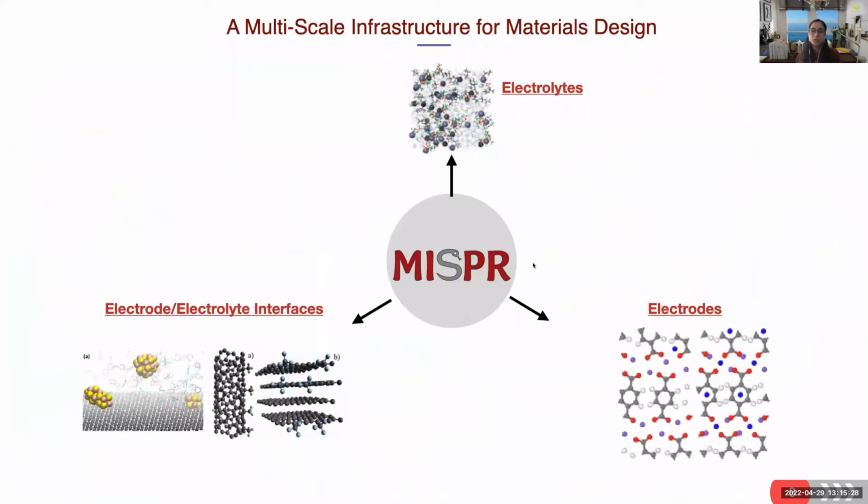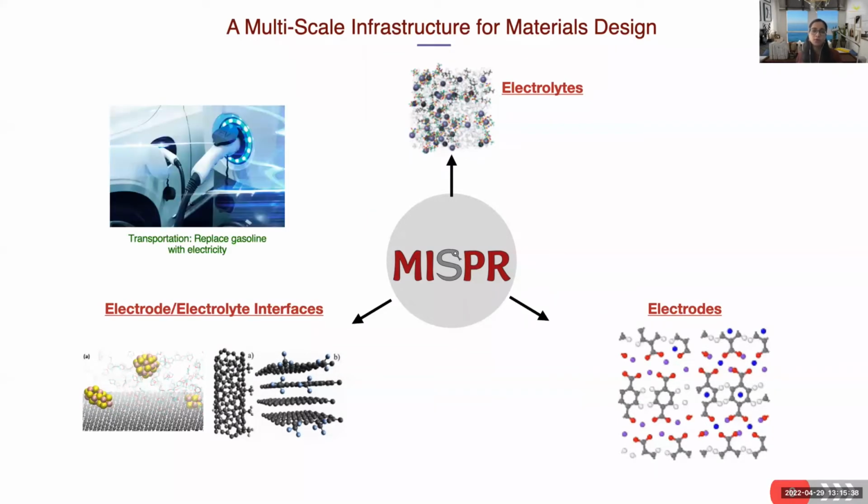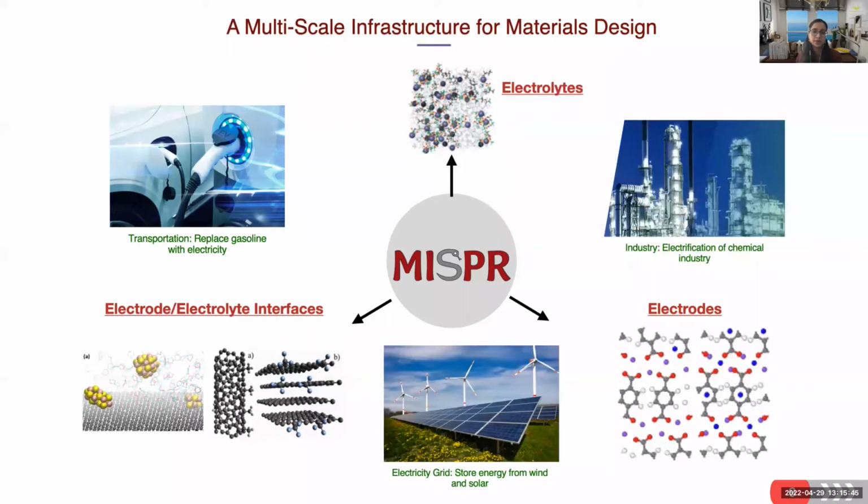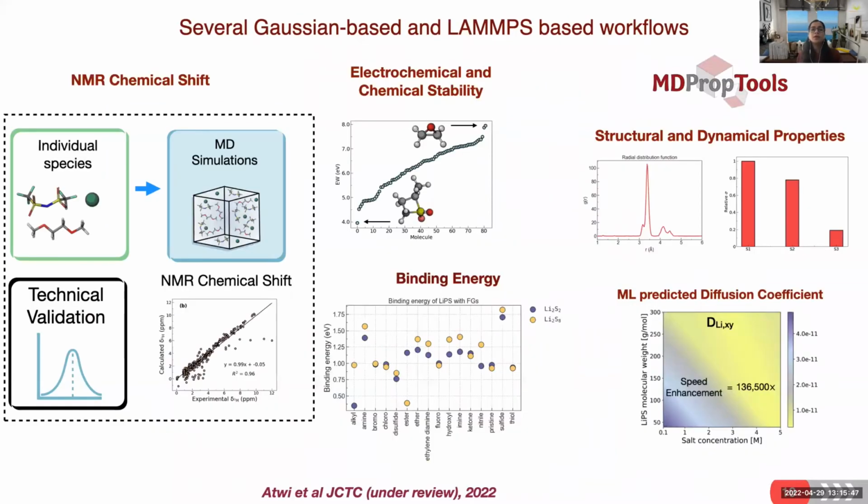So the centralized infrastructure MISPR is then being used to study properties of liquid solutions, solid-liquid interfaces, as well as solids. And most of our work is focused on energy storage devices such as batteries, supercapacitors, and electrochemical reactors. Okay. This is an overview slide which shows some of the workflows that we have already implemented, and I'll be talking about them.